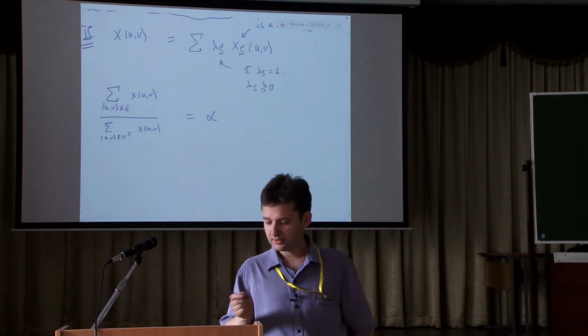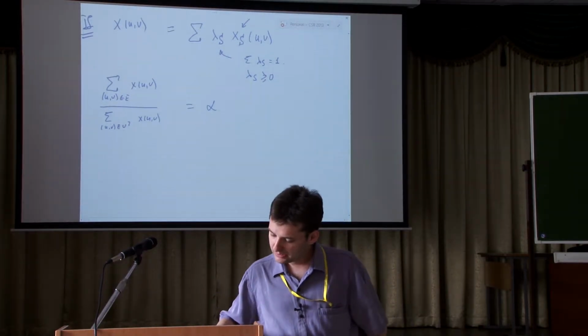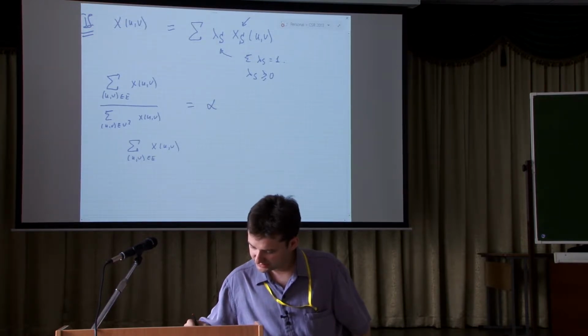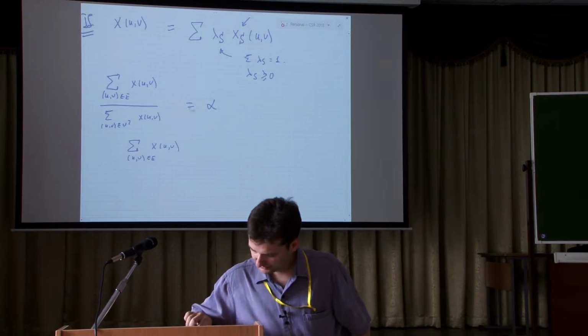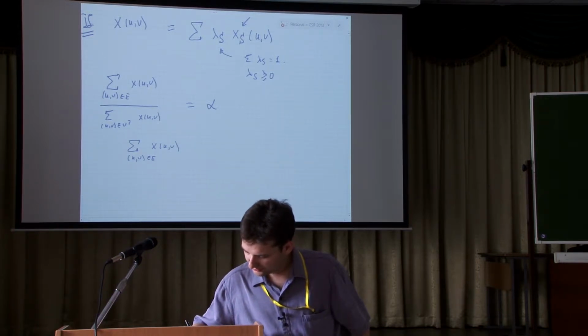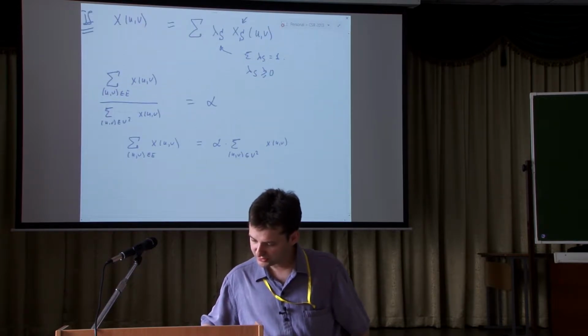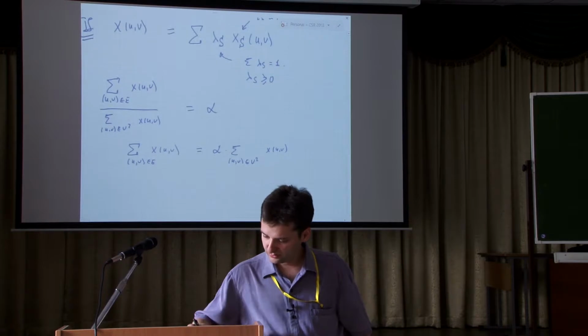Suppose this value is alpha. Then of course, we know that the summation of x_uv over all edges is equal to alpha times the summation of x_uv over all pairs. And now we will just use the definition, this equality.